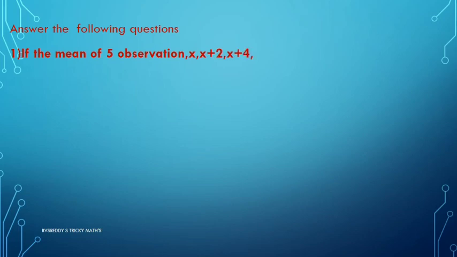By that formula we get the answer here. Let us see. I read the problem once again. If the mean of 5 observations x, x plus 2, x plus 4, x plus 6 and x plus 8 is 11, find the value of x.